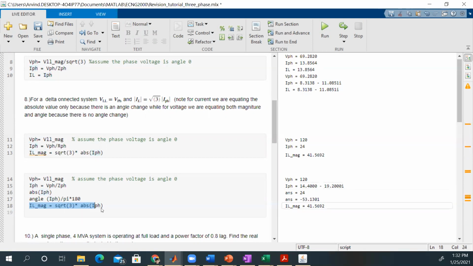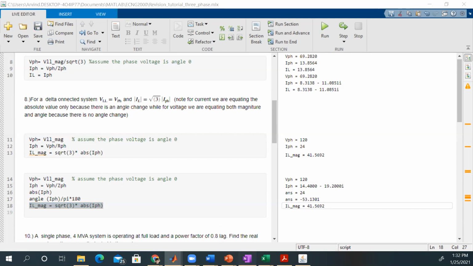So we want the magnitude of the line current, which is root 3 by the absolute value of I phase, not the real value or anything. It is the absolute value. So just 24 multiplied by root 3, sorry. We get 41.56. And if I wanted to find what angle this is now, I would have to add 30 degrees to this angle. So it would be minus 23.13 for the angle of the current.